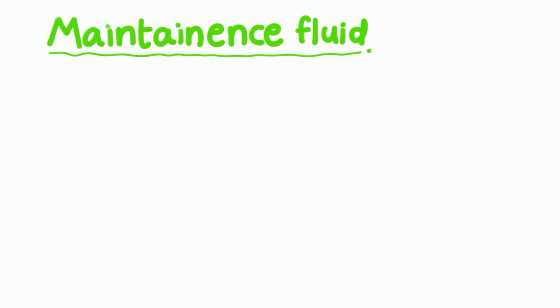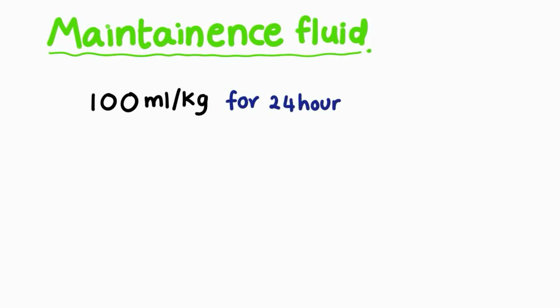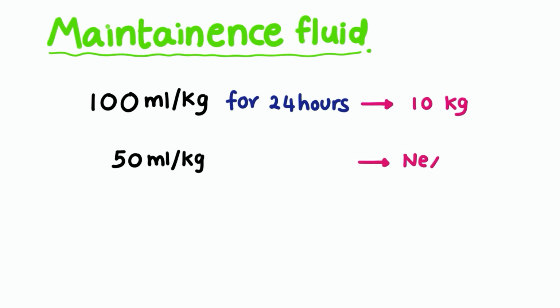The maintenance fluid is calculated as 100 milliliters per kilogram for 24 hours for the first 10 kilograms, 50 milliliters per kilogram for the next 10 kilograms, and 20 milliliters per kilogram for 24 hours for each kilogram over 20 kilograms body weight.